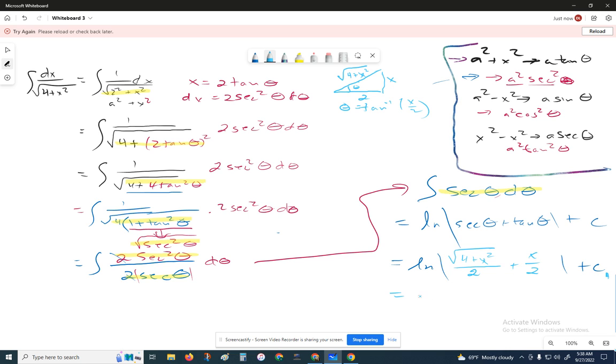So we can clean this up by saying this is the natural log of square root of 4 plus x squared plus x plus C2, which ends up being C, because I took the 1/2 out and combined it with that one. So that's kind of the idea.